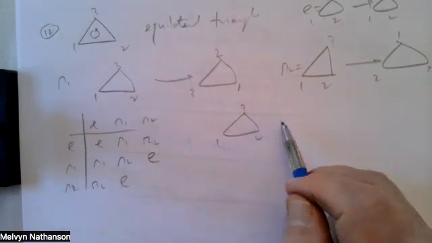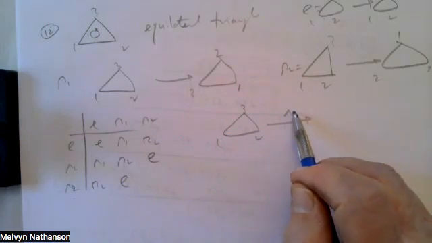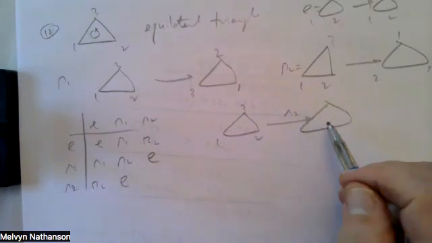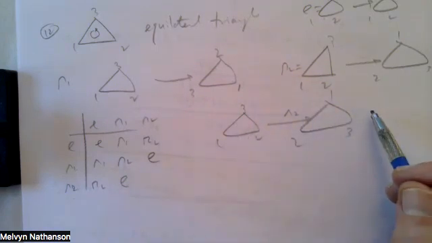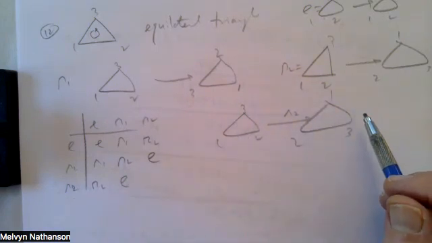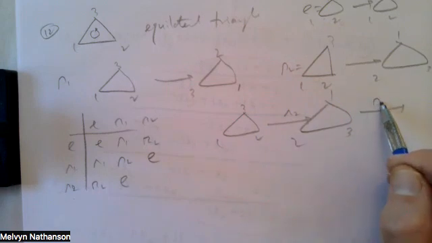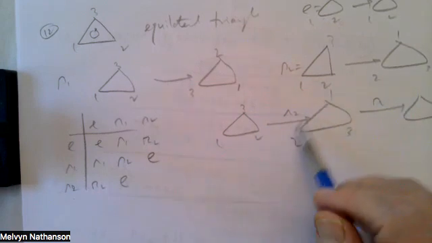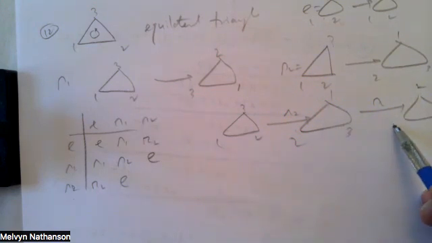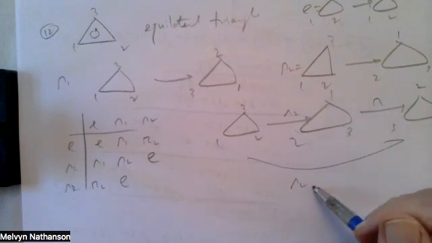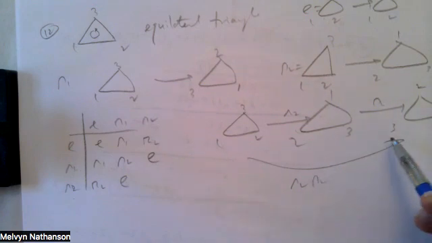R2, R2, that maybe is the only one that's a little tricky. If you take your triangle and you rotate it twice, everything goes around twice. If you rotate it again, 1 goes here, 2 goes here, 3 goes here. So R2 times R2, this is just a single rotation, that's R1.